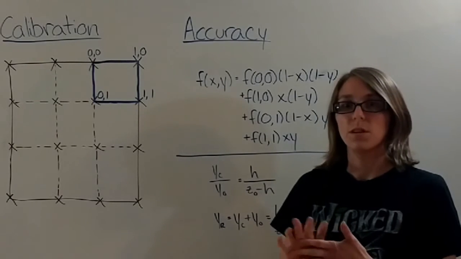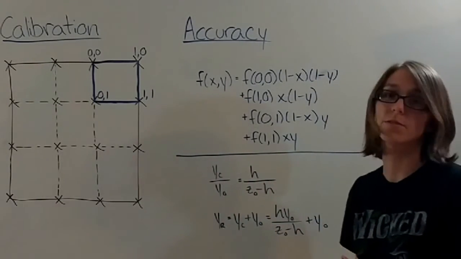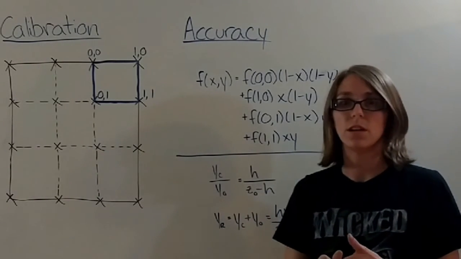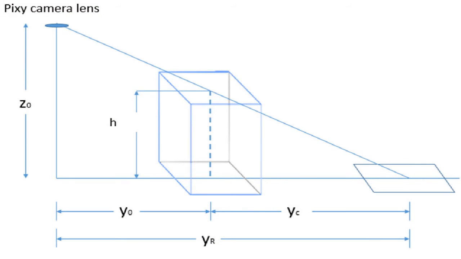And another thing that we determined that we needed to do was to correct for height adjustment, which are these equations. And if you look on the screen, there is an image of a triangle, which is basically the layout for the Pixy camera looking at the object, whether it's the obstacle or the rover, because those are at different heights than the calibration points.